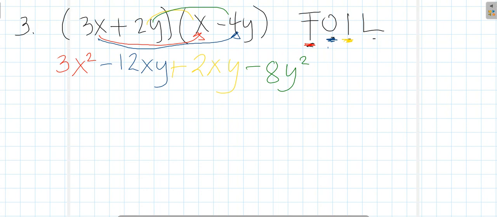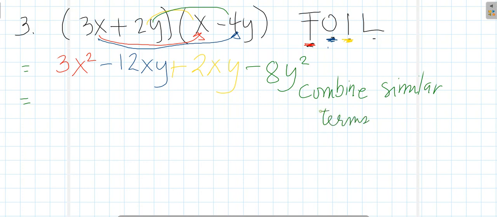And then you're going now to simplify. Now you're going to combine similar terms. When you combine similar terms, you're going to add.